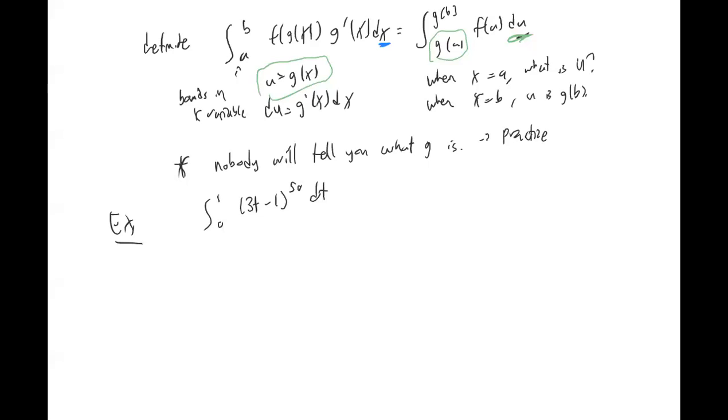I don't know how to integrate 3t minus 1 to the 50, but I do know how to integrate t to the 50. Do you all agree? t to the 50 is just t to the 51 over 51. So what should I let u be?